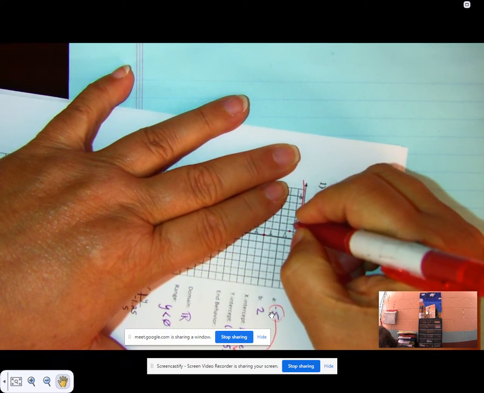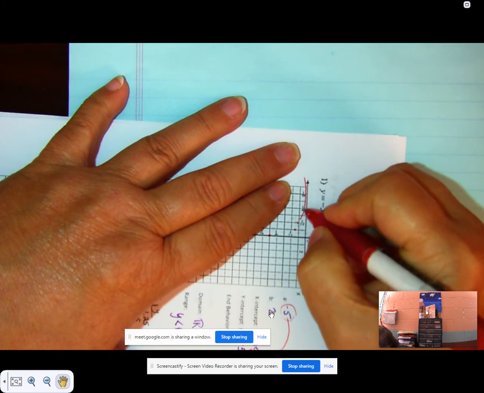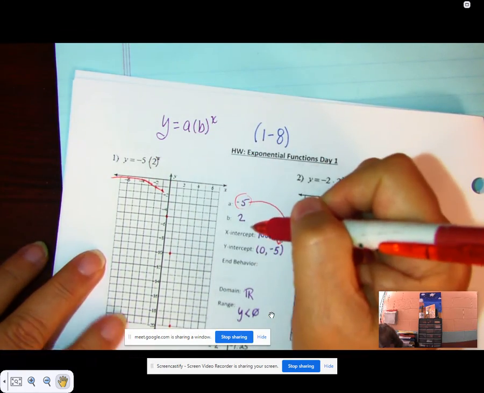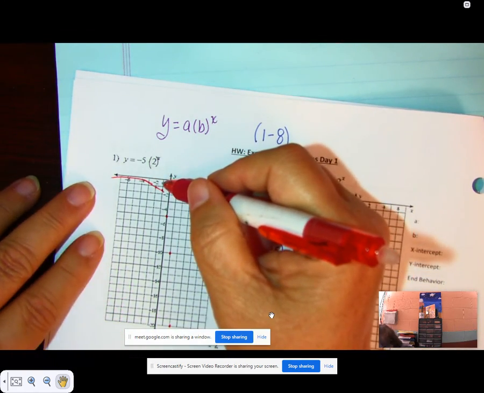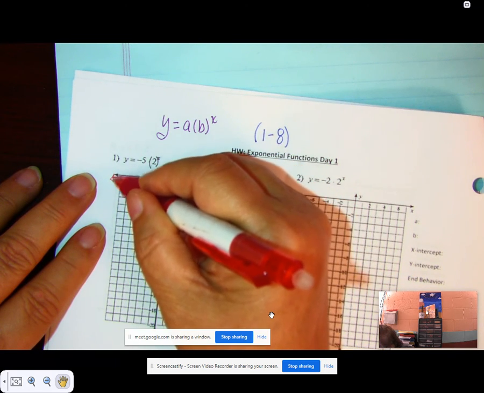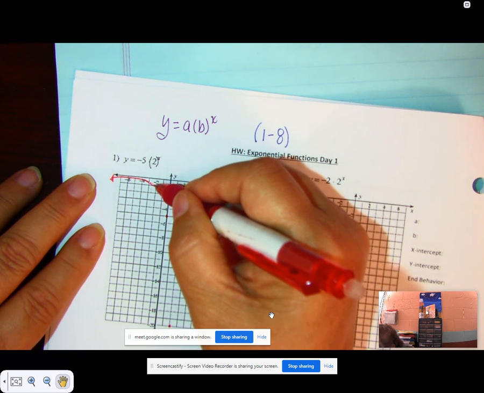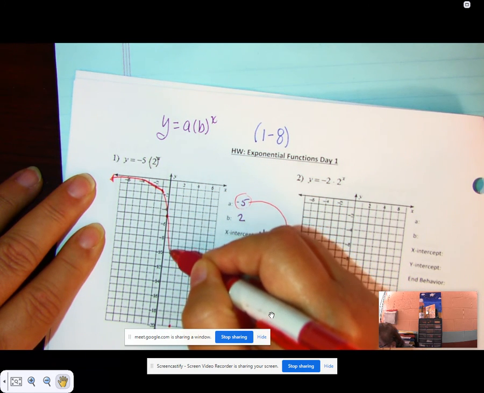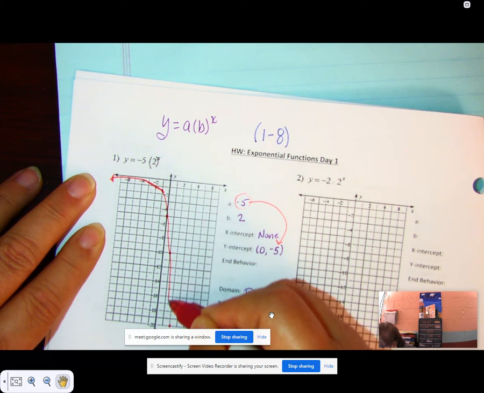Okay, so here's my curve. Oh, make sure you put an arrow on that end. And here's my curve. As it comes up, it's a pretty sharp curve.